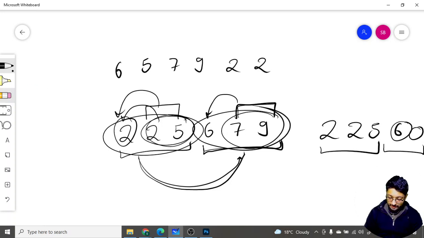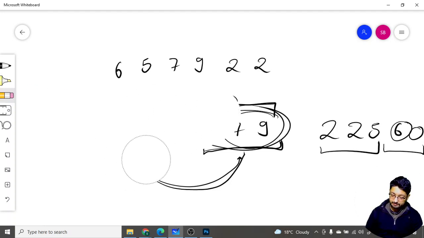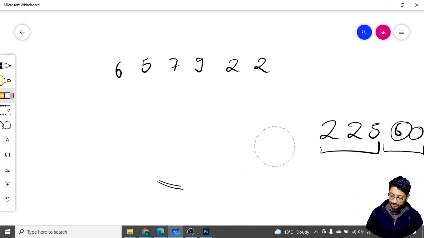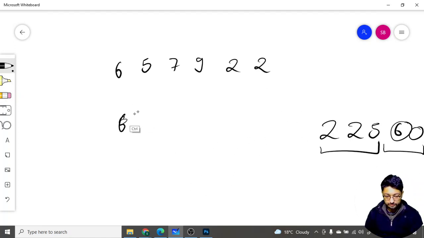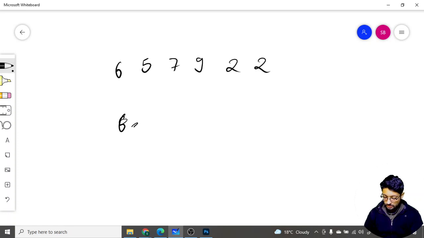I erased it out. I also got messed up when I was thinking about this point. So let's say that the array, after sorting it out, is like this: 2, 2, 5, 7.